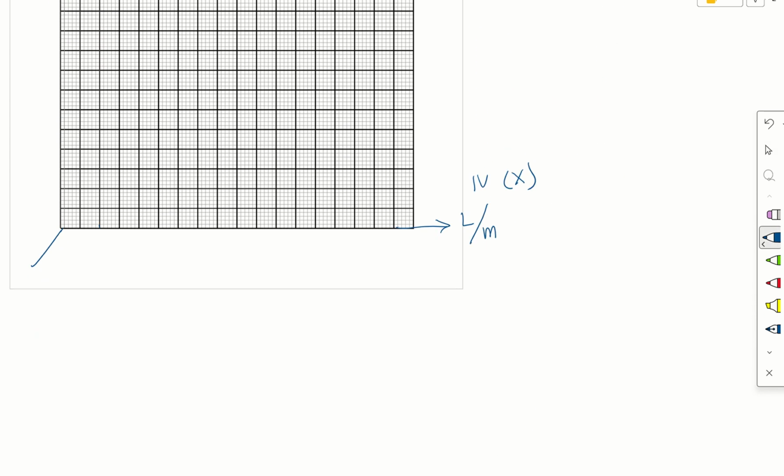Let's see how many squares there are in the x-axis: 1, 2, 3, 4, 5, 6, 7, 8, 9. 9 squares. The graph paper may be different every time, so you need to count the number of squares. Usually I'll count all the big squares. So there are actually 9 big squares in the x-axis.